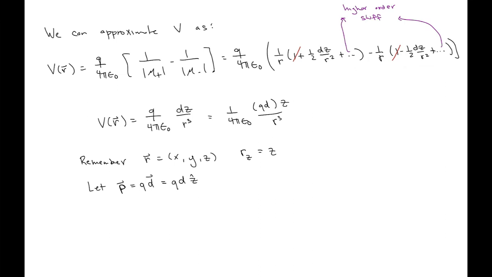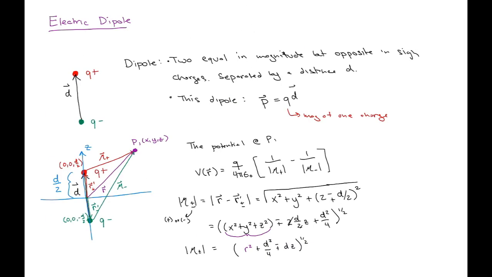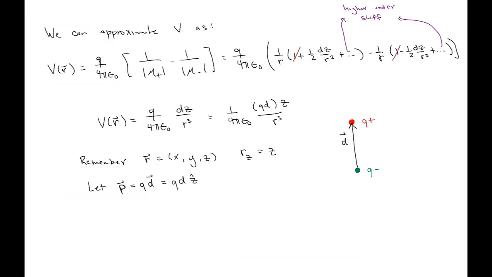I can do that because of the way that I drew this particular picture. You remember the way I put my coordinate system? The d vector is definitely pointing in the positive z direction, so that's why I can rewrite it that way. Again, we're just trying to get this expression in a form that is familiar to you.